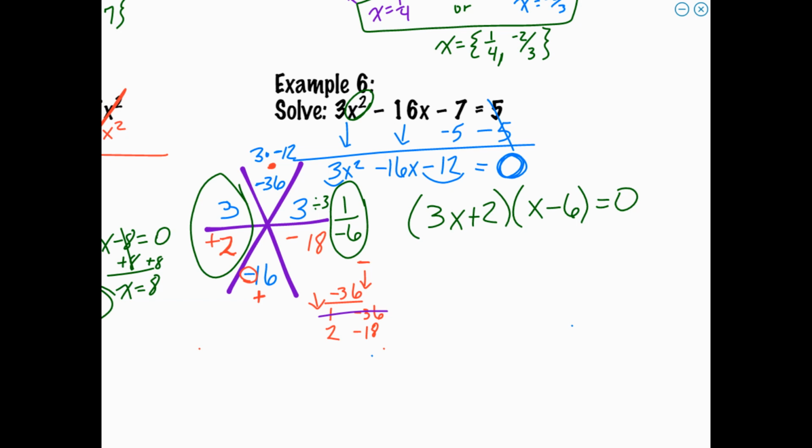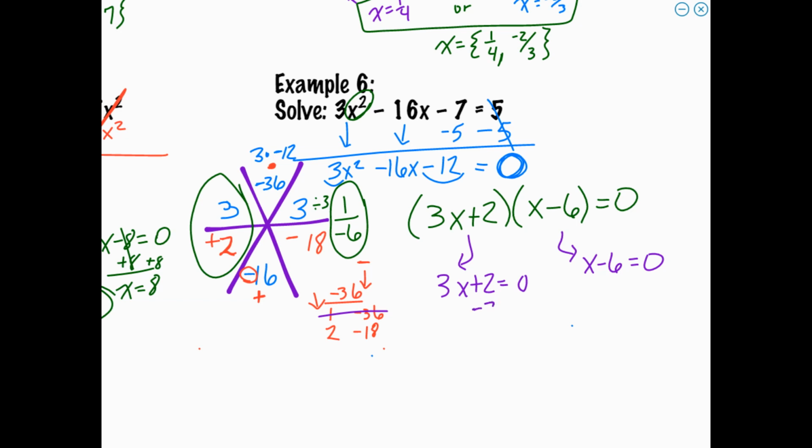So what's my next step? I've got it factored. To reduce them? Yeah. So separate them, right? Mhm. Separate them. So 3x plus 2 equals 0. And then x minus 6 equals 0.